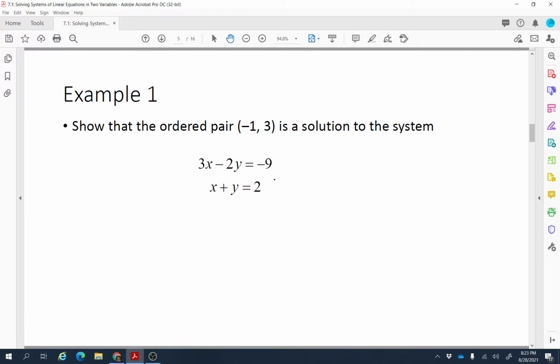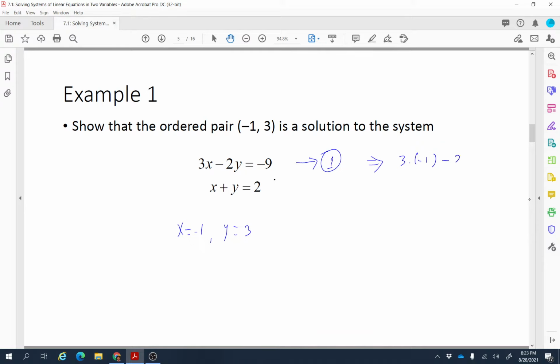In this example, we're going to check whether (-1, 3), which is a point, also called an ordered pair, is the solution to these two equations, or this system. For that, first you need to put x equal to -1 and y equal to 3 in the first equation. Wherever you see x, replace it by -1.